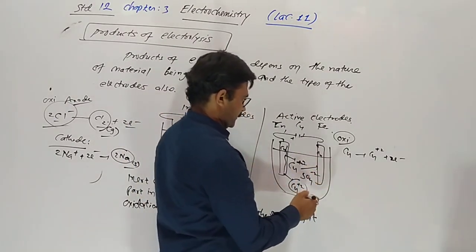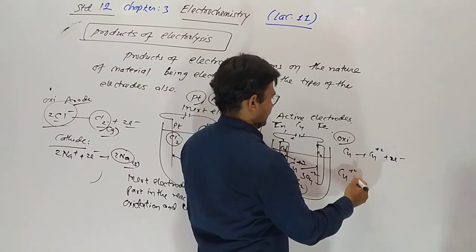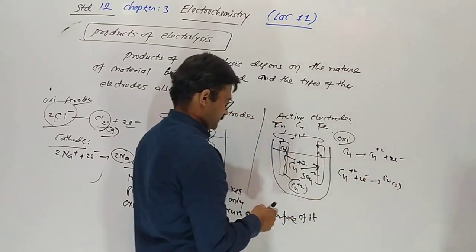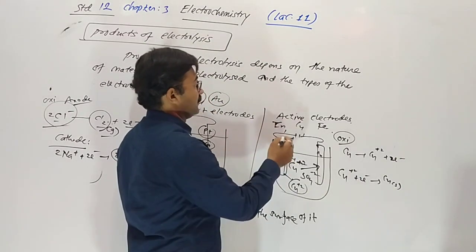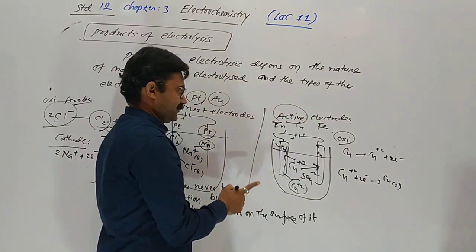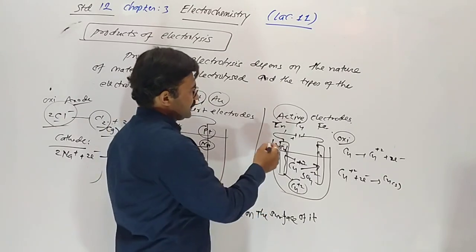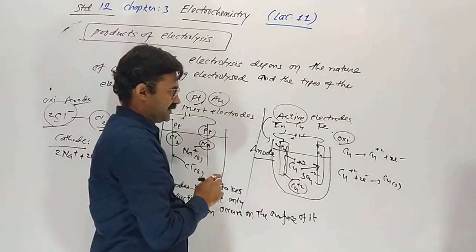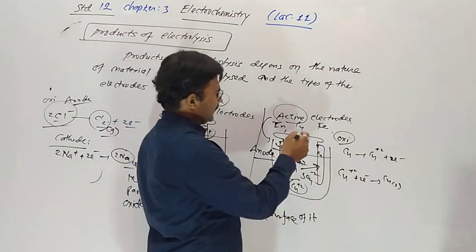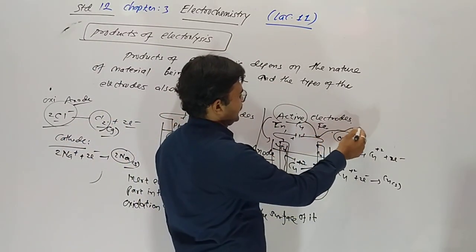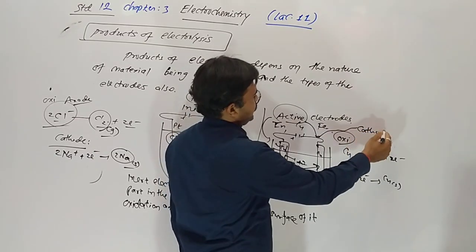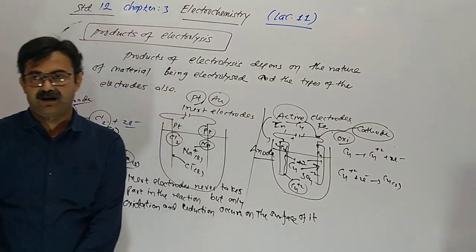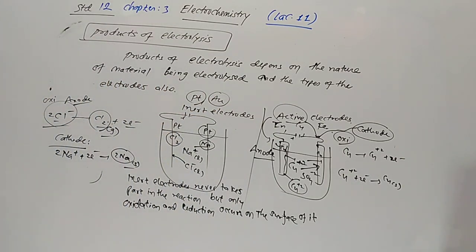Now this Cu2+ moves toward the cathode and converts into copper. So if our electrode is active and it is the anode, then it takes part in the reaction. If our active electrode is the cathode, it never takes part in the reaction, but only reduction occurs on its surface.